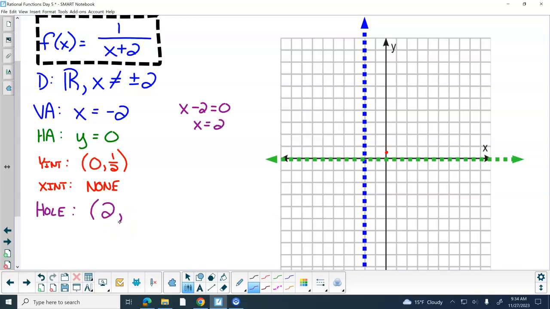Now I'm going to put 2 back into my new function. 1 over 2 plus 2. 2 plus 2 is 4. So this is 1/4. So I have a hole at 2, 1/4. So I go to those coordinates, 2, 1/4, and I put a hole, an open circle, right there on those coordinates. I circle those particular coordinates.